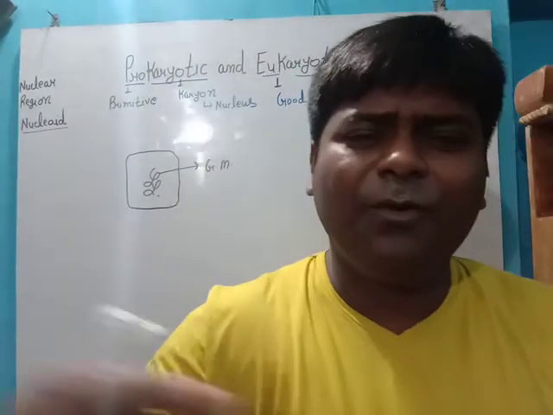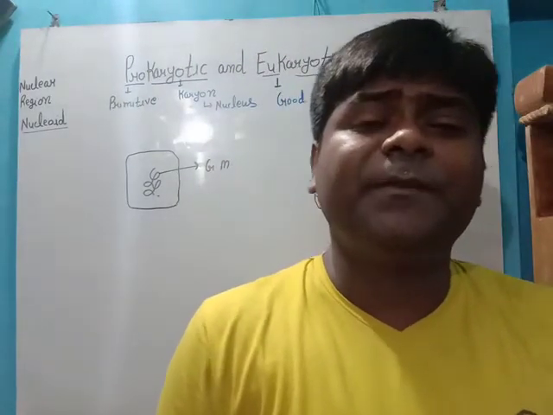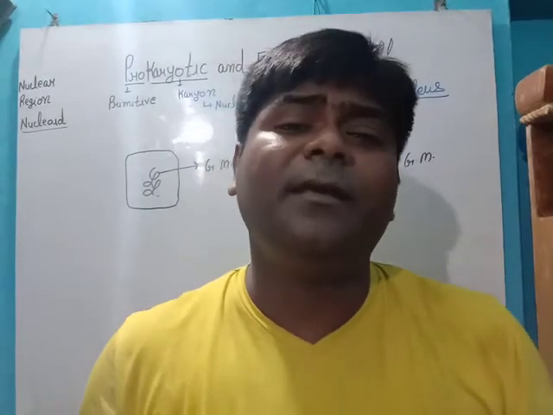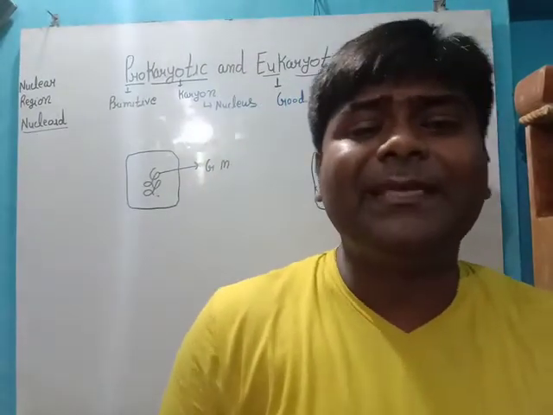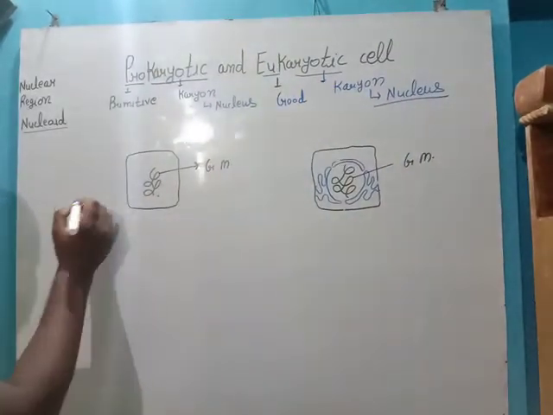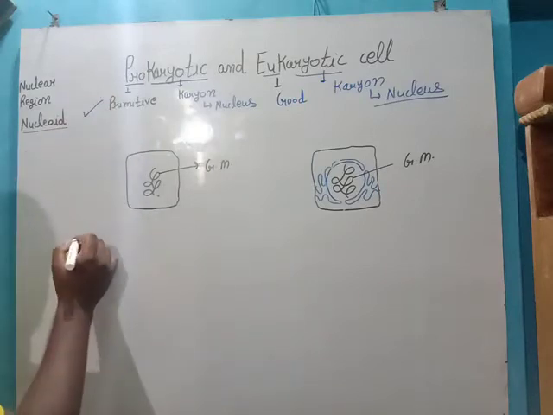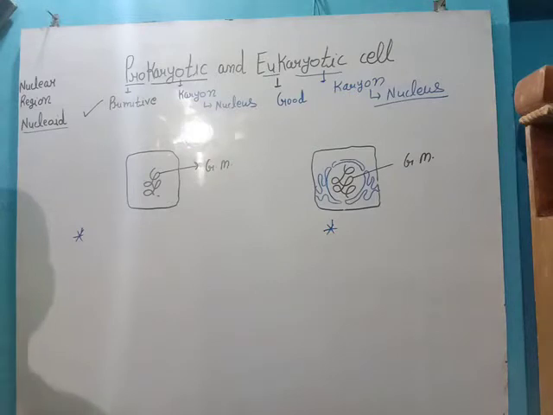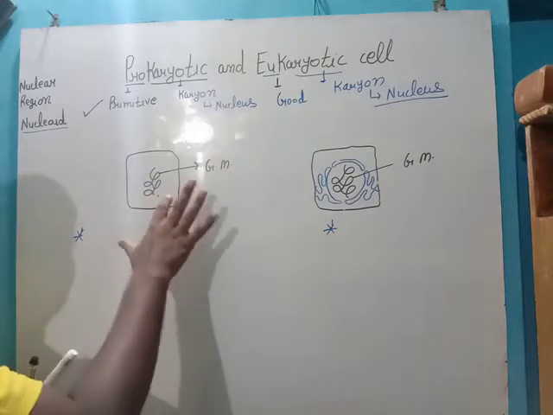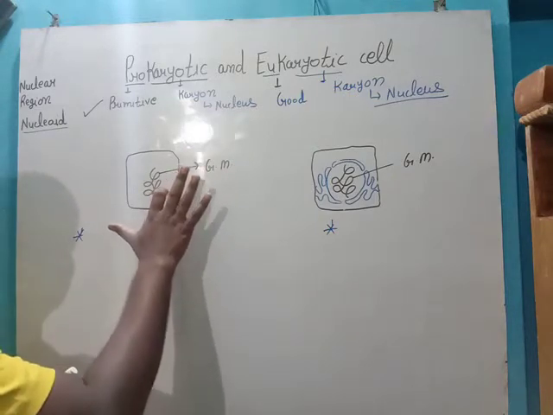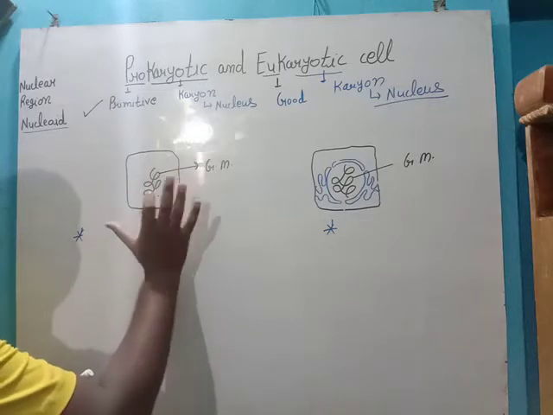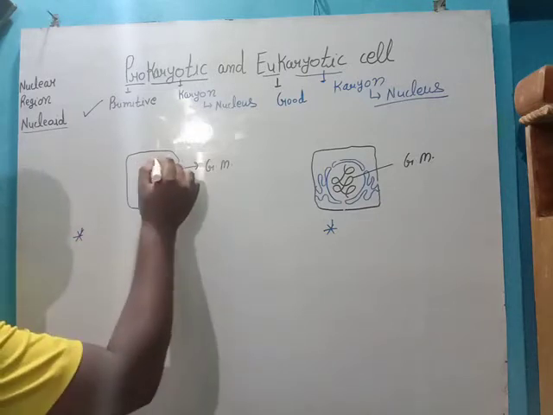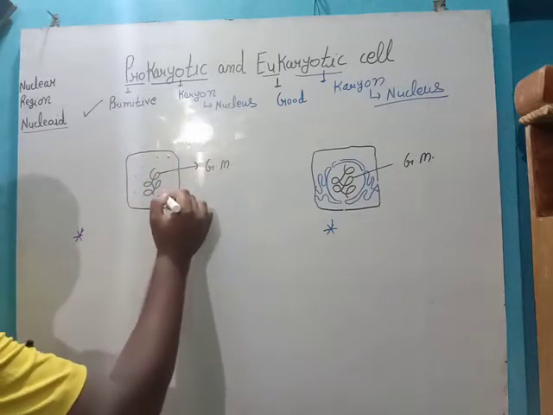Now we'll go deeper into the understanding of the prokaryotic and eukaryotic cell. Let's take one by one. This is the first one. The second one we are going to understand: genetic material is directly connected to the cytoplasm. This region is cytoplasm.